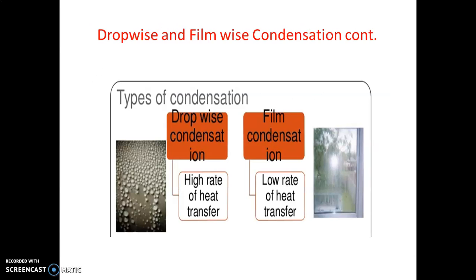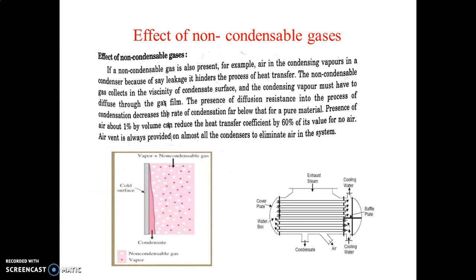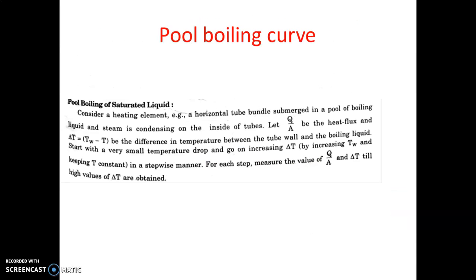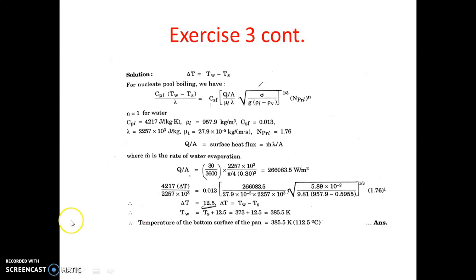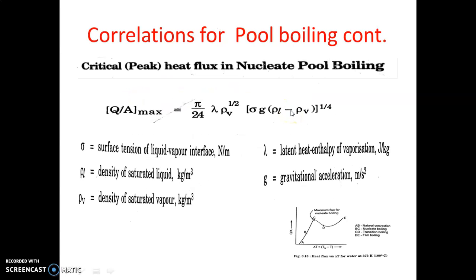So wait for 1 minute. Last lecture we solved a problem based on nucleate pool boiling. Today we will discuss another correlation for pool boiling, that is known as the critical or peak heat flux in nucleate pool boiling.